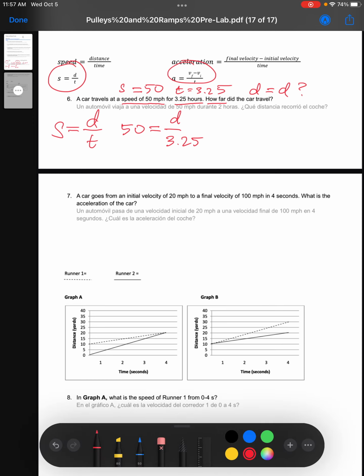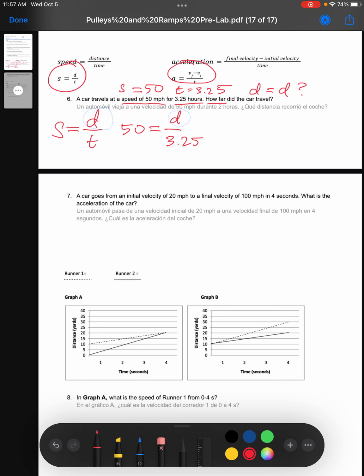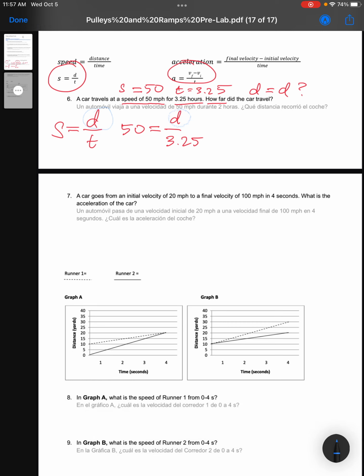Okay, so what do we need to do to both sides of this equation to get D all by itself? We want to get D all by itself. So right now D is being divided by 3.25.